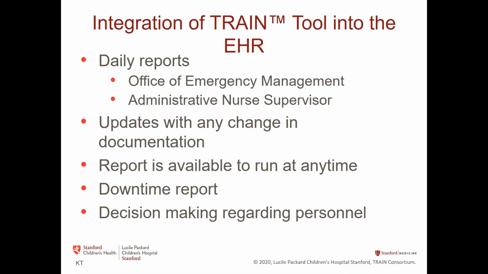And the purpose of our TRAIN report is to help with decision making. So like Kay talked about before, she had to go in and look and categorize all of them. Now all she would have to do is run the report, it already has all the categories, and then can start making decisions as a provider on who goes first, what medications we can change to help move the evacuation process forward.